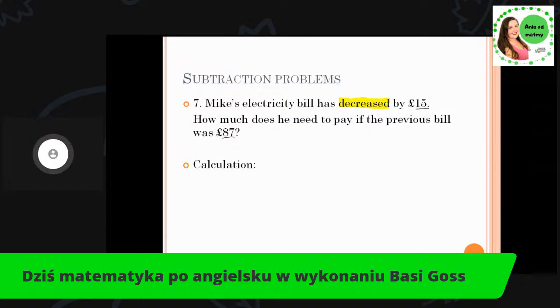And the calculation is, because we know it's going to be decreased, and that means we use minus, we're going to have 87 minus 15 equals, yeah, what's the answer? 72.